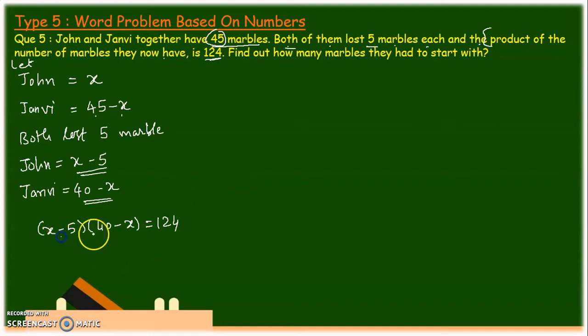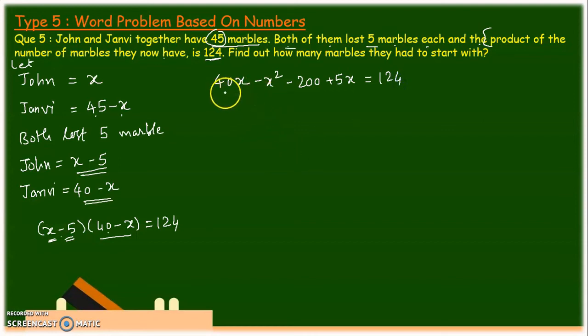So multiply these two brackets. If you multiply this x with this whole bracket, we will get 40x minus x square. Same way, multiply this minus 5 with this whole bracket. So minus 5 multiplied by 40 will be minus 200, and minus 5 multiplied by minus x is minus minus plus 5x, equal to 124.